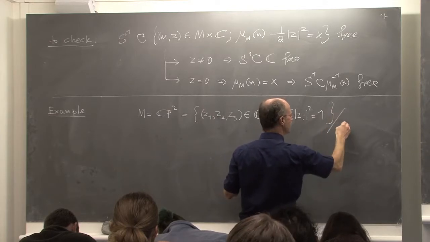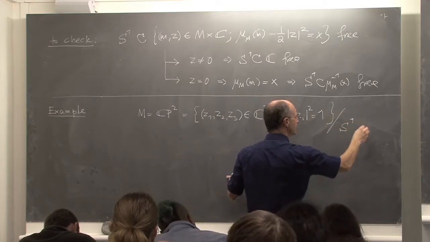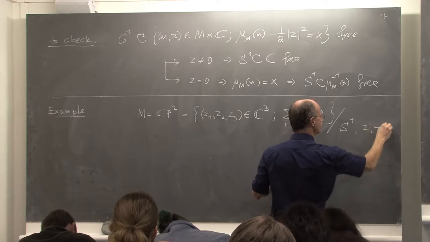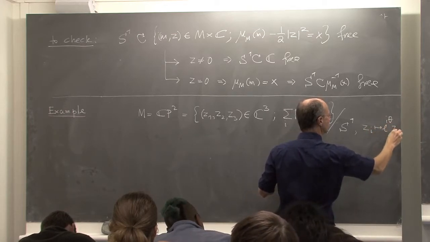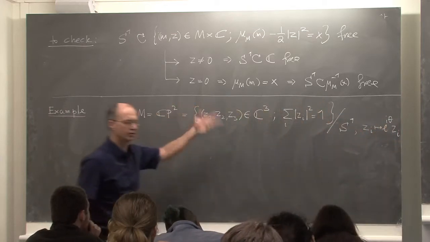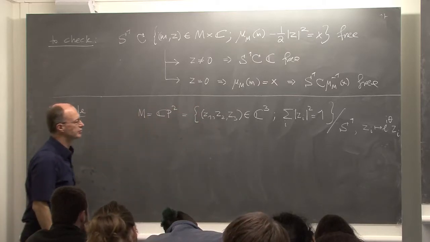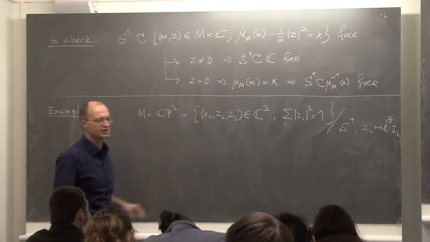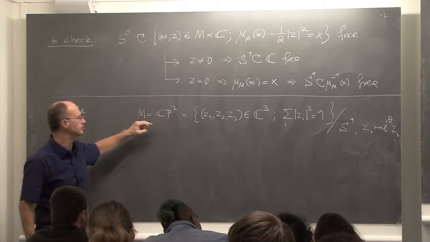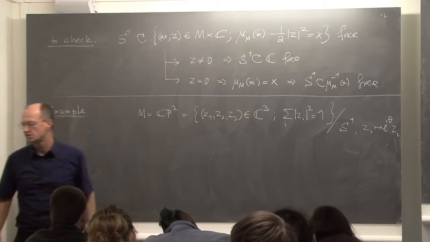And we were dividing by the S1 action where you multiply all of them at the same time by exponential of i theta. This is a slightly, perhaps, non-traditional model of CP2, but this is CP2.